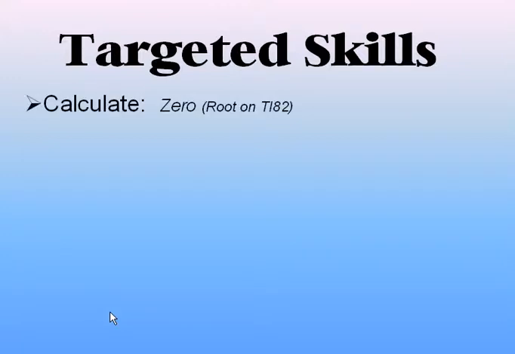Now let's look at the targeted skills. In problem number 1, we use the calculate key to find the 0, or the root on the TI-82, to find the x-intercept. In problems 2, 3, and 4, we again did regression.